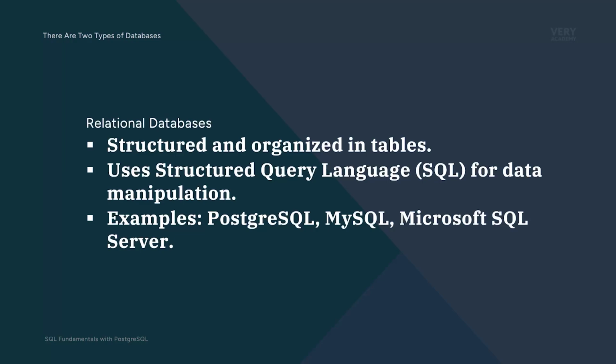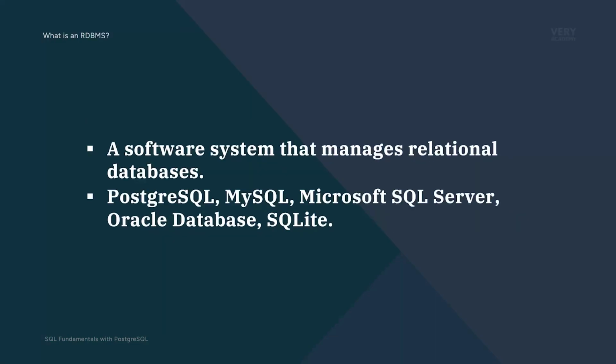So understanding the difference between these two types will help you choose the right database for your needs. In this course, our focus is on learning relational databases using the PostgreSQL database and the structured query language, SQL, for data manipulation. So let's start with the question, what is a relational database management system?